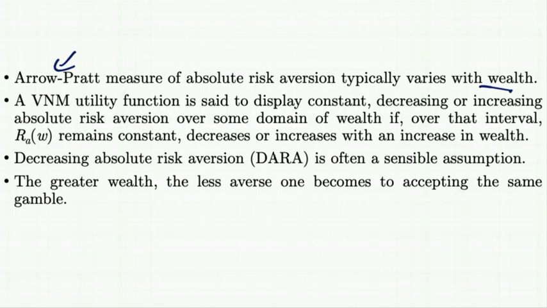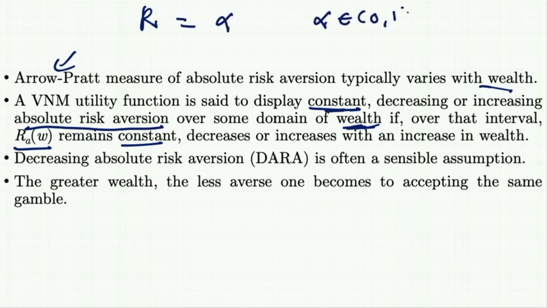Let's look at it one by one. A von Neumann-Morgenstern utility function, or expected utility function, is said to display constant absolute risk aversion over some domain of wealth if, over that interval of wealth, the Arrow-Pratt measure remains constant. So for instance, if you get the answer equivalent to, let's say, alpha, and alpha is between 0 and 1, obviously alpha is a constant, a scalar, isn't it?